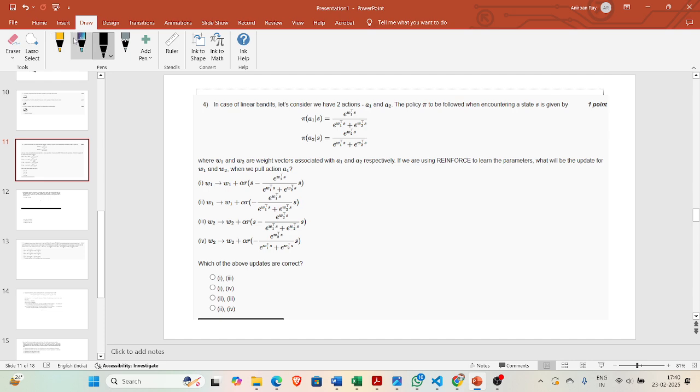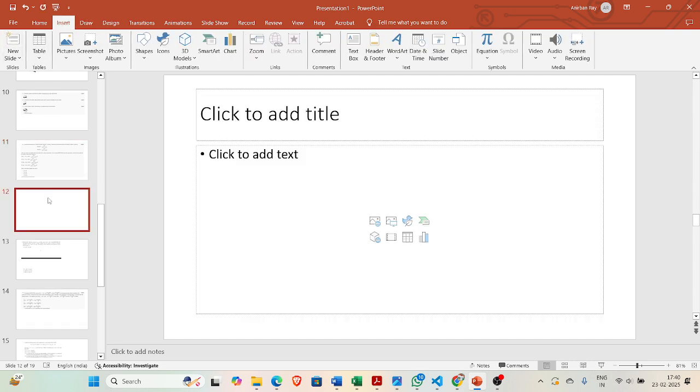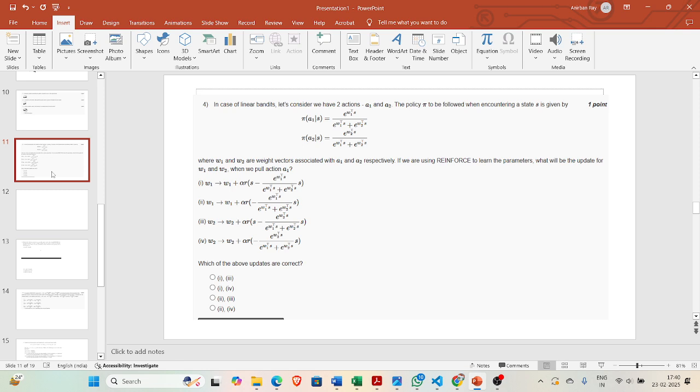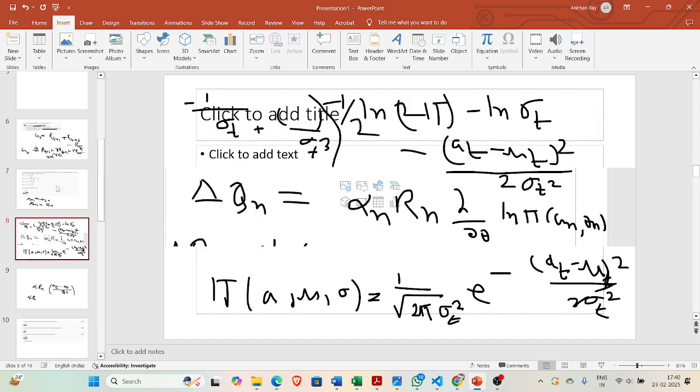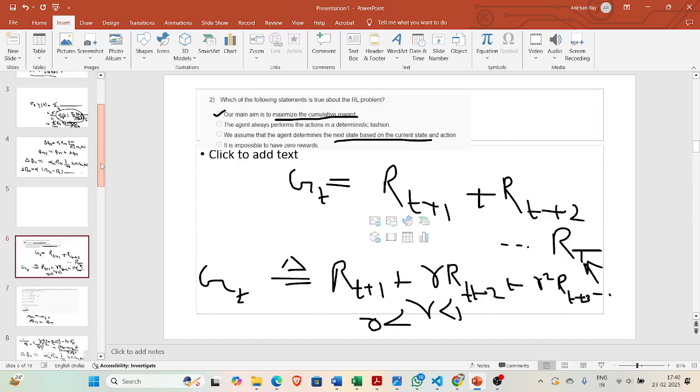So we proceed similarly. There are two action states here, and we first go to the place where we have written the REINFORCE equation.